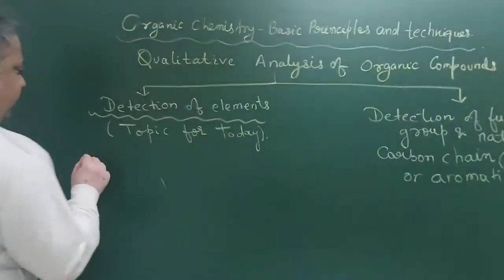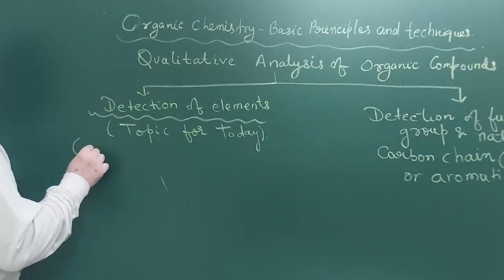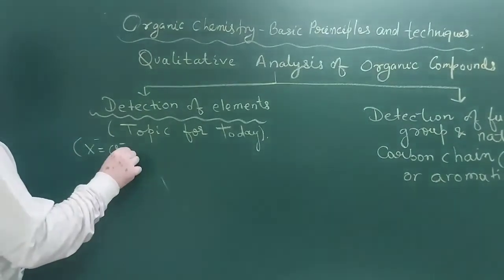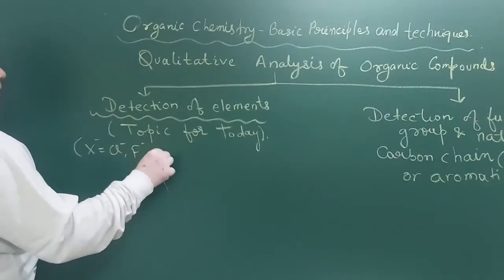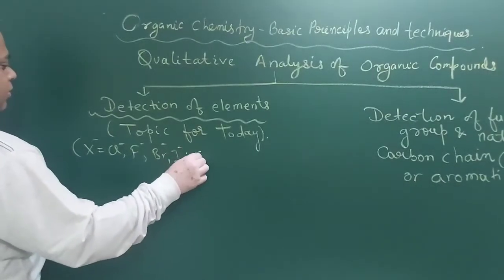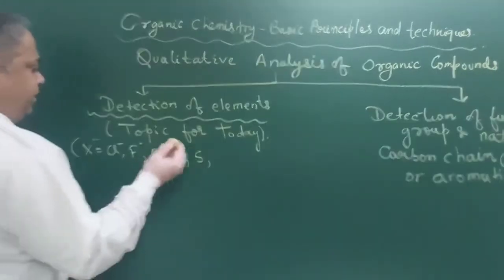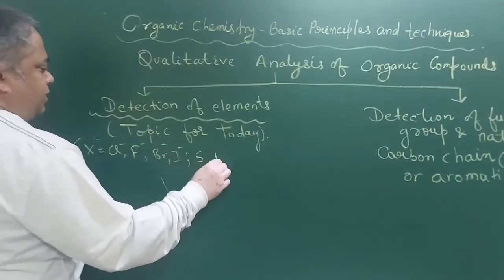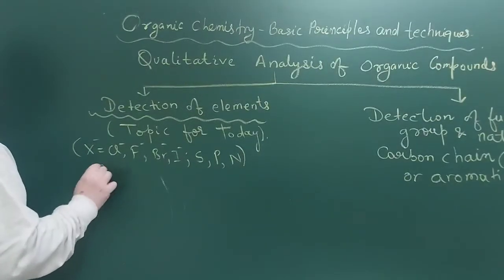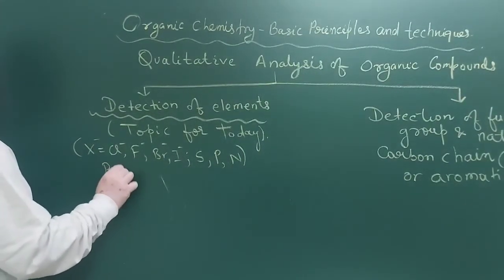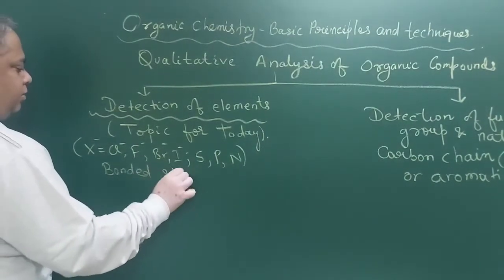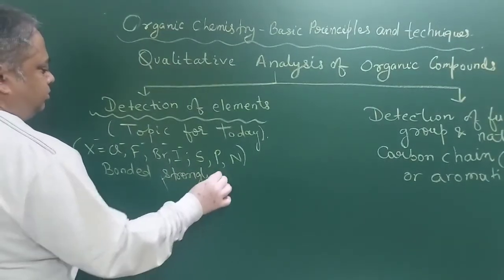So the elements like halides, chloride, fluoride, bromide, iodide, sulfur as sulfide, phosphorus, nitrogen, are strongly bonded with carbon.